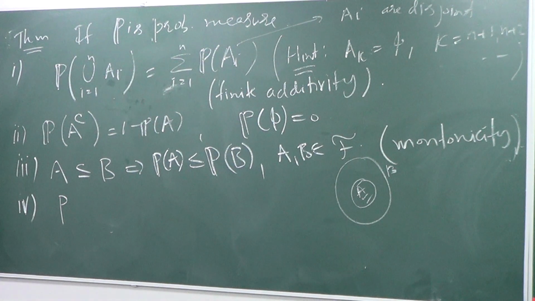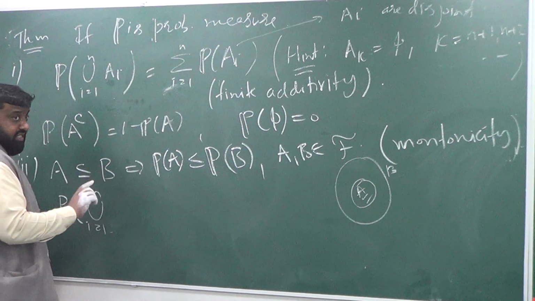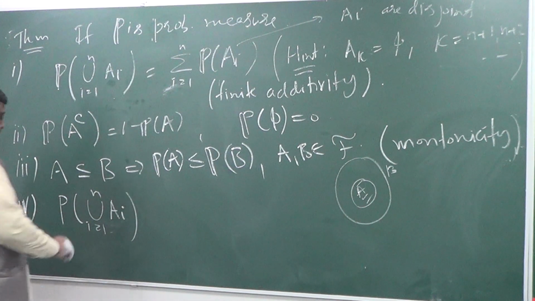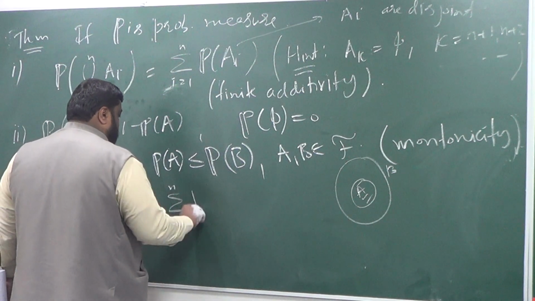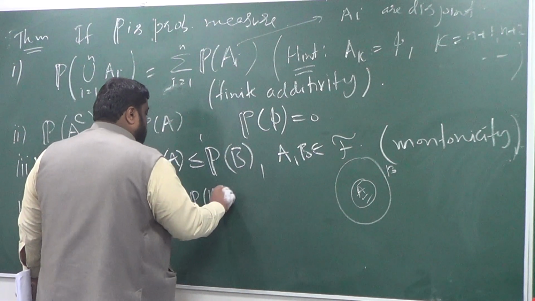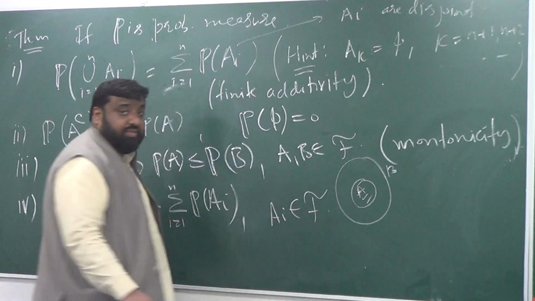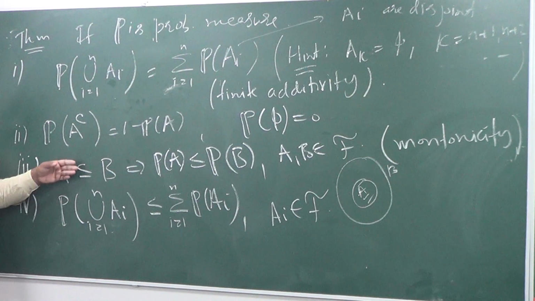In other words, if I have the probability of the union of a finite number of A_i, and this is important, then I can bound it by the sum of the probabilities of the A_i, where the A_i are elements from F. A hint for this is that the disjoint case is a particular case of it.